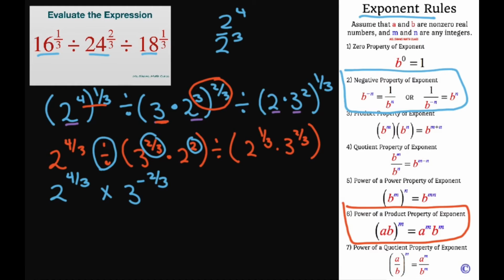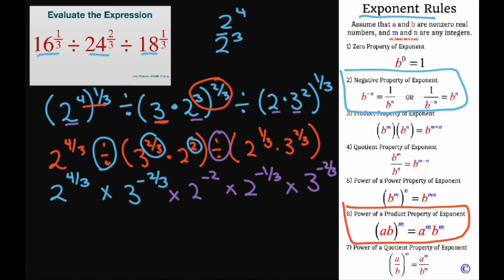So it changes from divide to multiply. And then this would be times 2 to the power of negative 2. Here we have another divide, so that's going to be times 2 to the power of negative 1/3 times 3, and change this to negative 2/3.